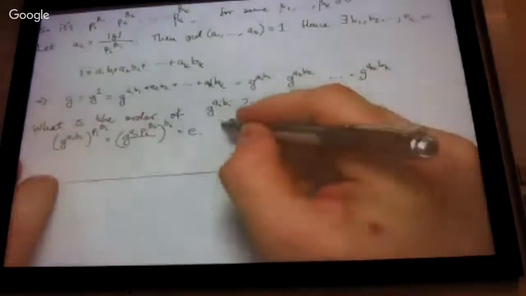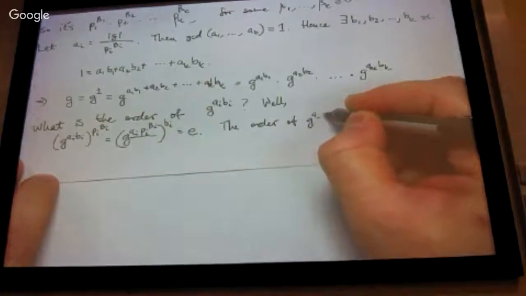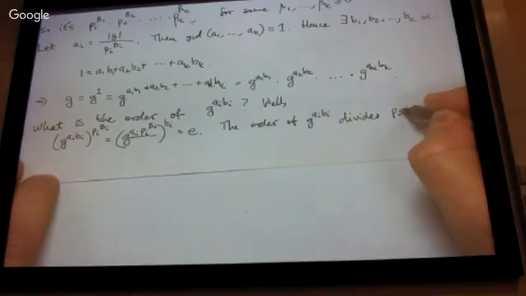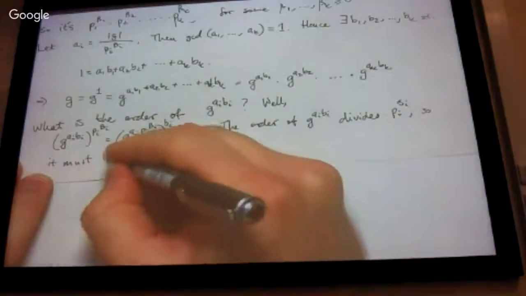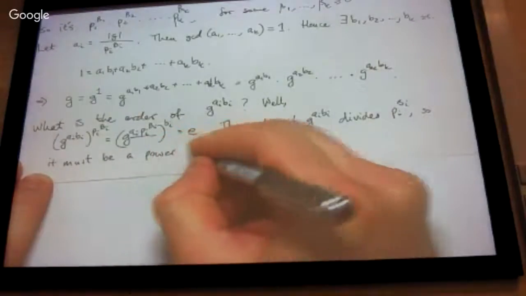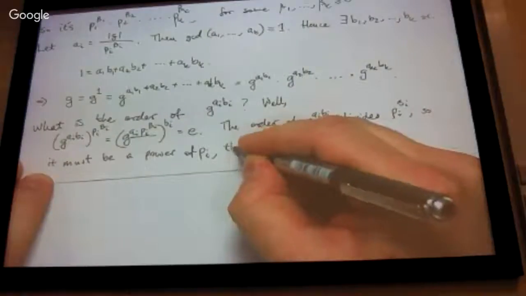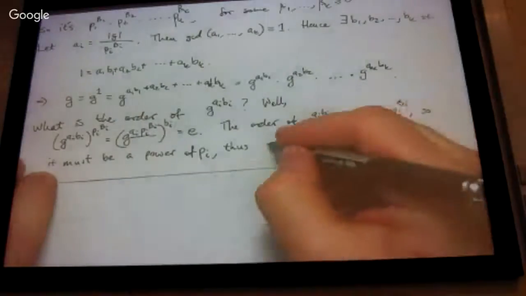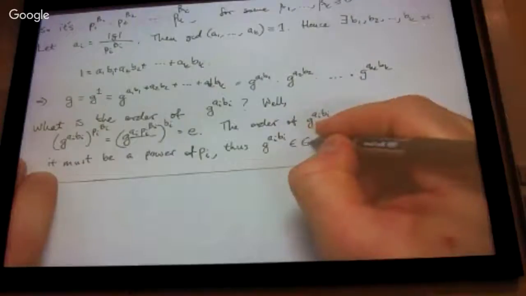So the order of g^{a_i b_i} divides π_i^{β_i}, so it must be a power of π_i. And therefore g^{a_i b_i} is in G_i.